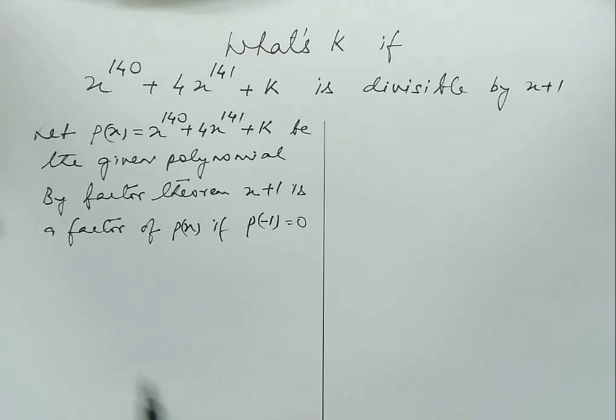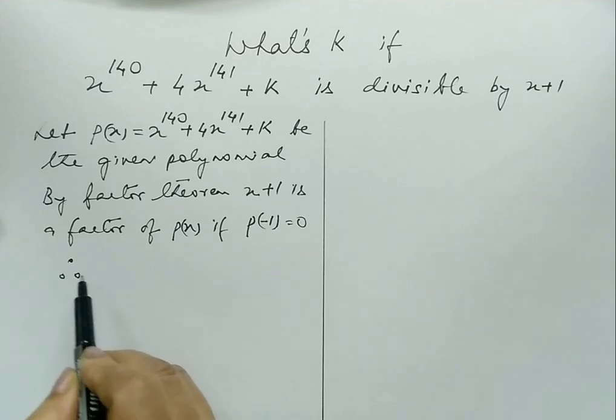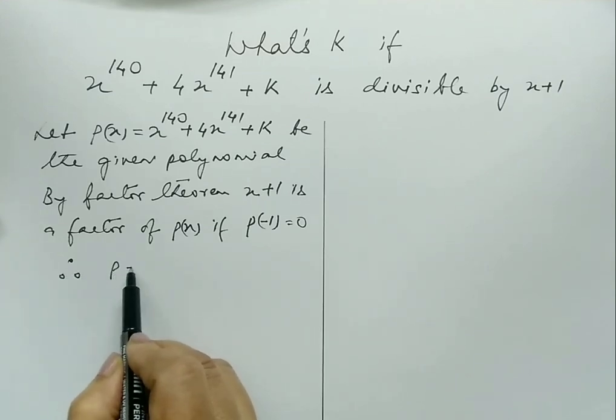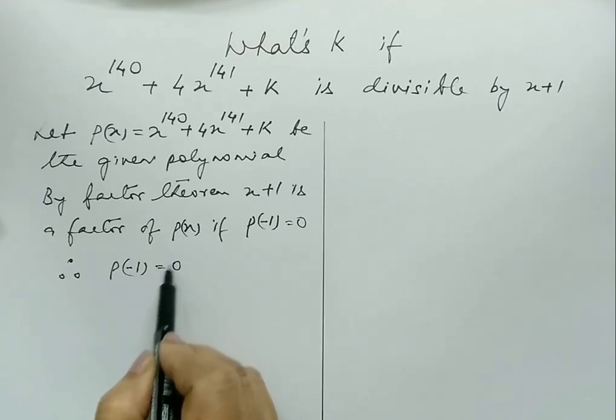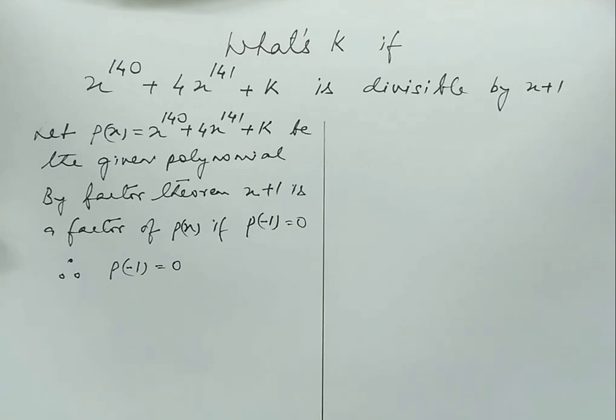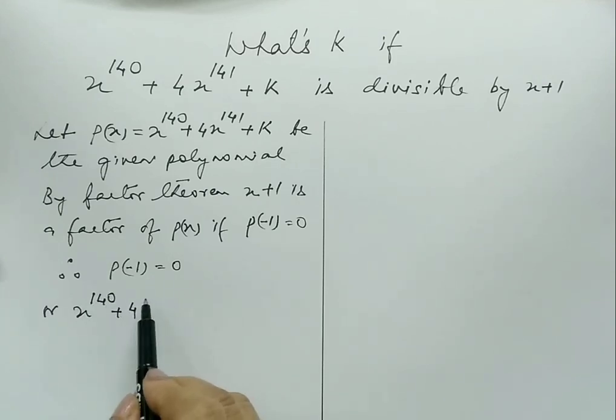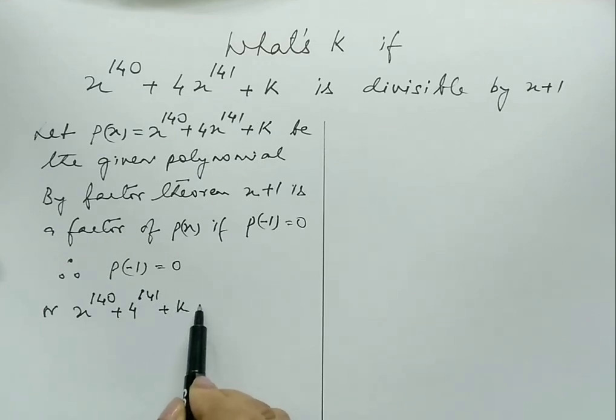Got it? So the next step is, therefore, p of minus 1 will be stated as 0. And what is our p? This one. So x to the power 140 plus 4x to the power 141 plus k equals 0.